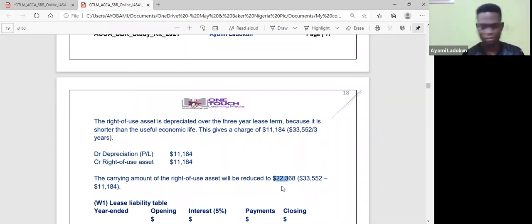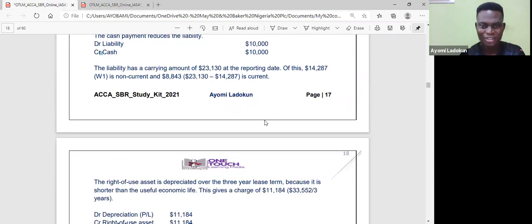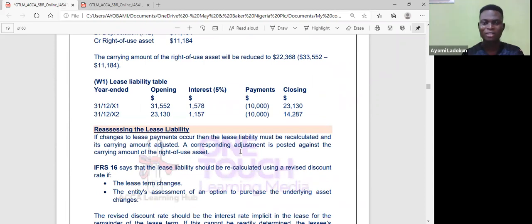Any concern? Any concern before I take you to the other aspect of leases? Any concern? Or where should I show you? Okay, let me show you the lease table. Any concern on that or any other issue? No concern yet.